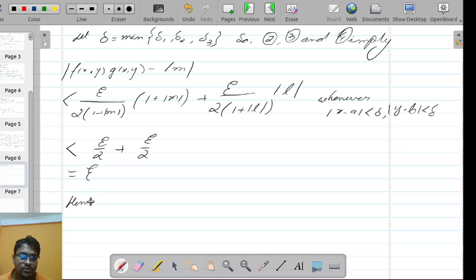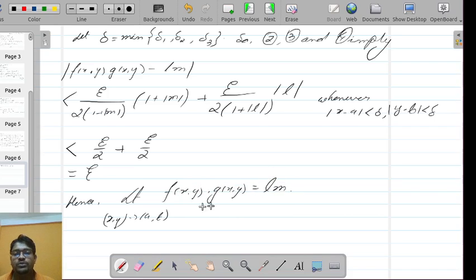Hence we can conclude that limit xy tends to ab of f of xy multiplied with g of xy is exactly equal to l into m. So this was the proof for the third one.